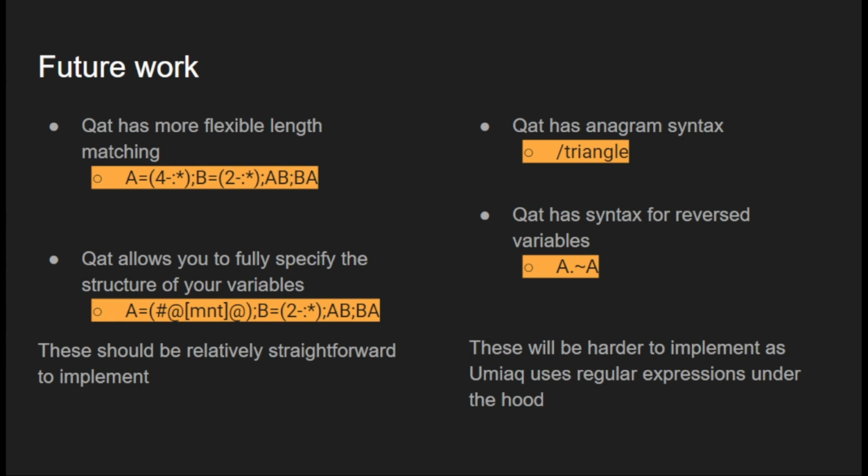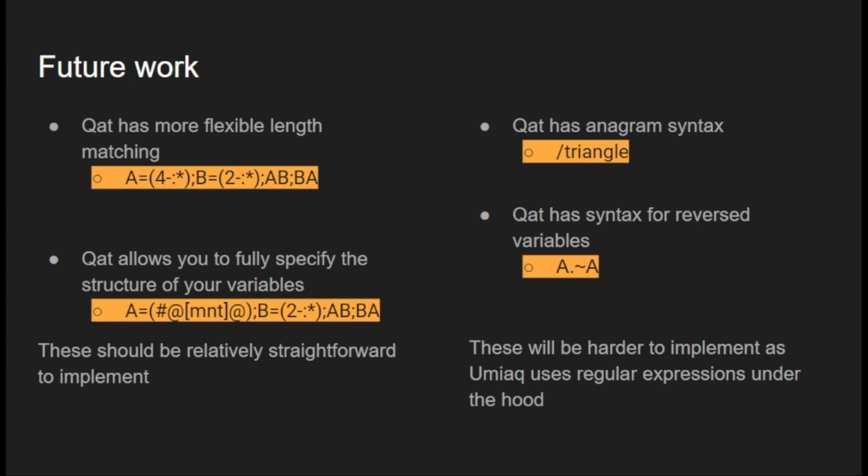Cat has this anagram syntax, which is super cool. You just put a slash and then a string, and then it pops out all the anagrams of that string, which is terrific. It's great. Umiaq can't do it yet. And the other thing Umiaq can't do is this reversed variable. So in Cat, you can do a dot tilde A, which means give me a string, a letter, and the string reversed.